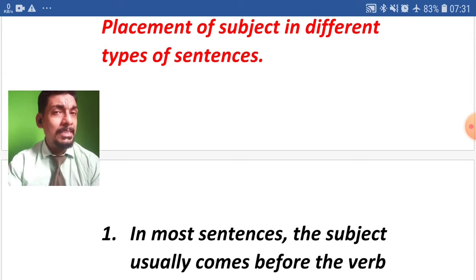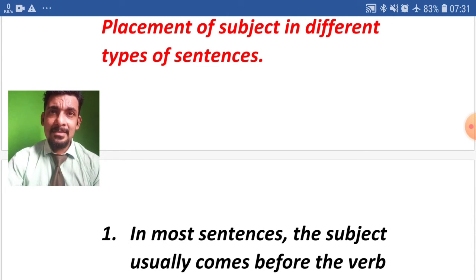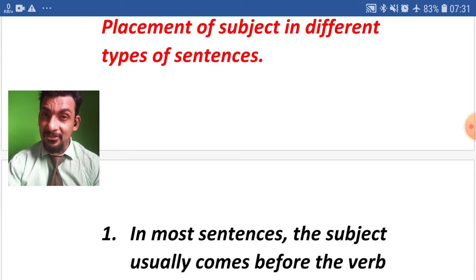My dear students, as we know that sentences were of 4 types: assertive or declarative, imperative, interrogative, and finally exclamatory sentence. Assertive sentences were such sentences that convey a kind of information.